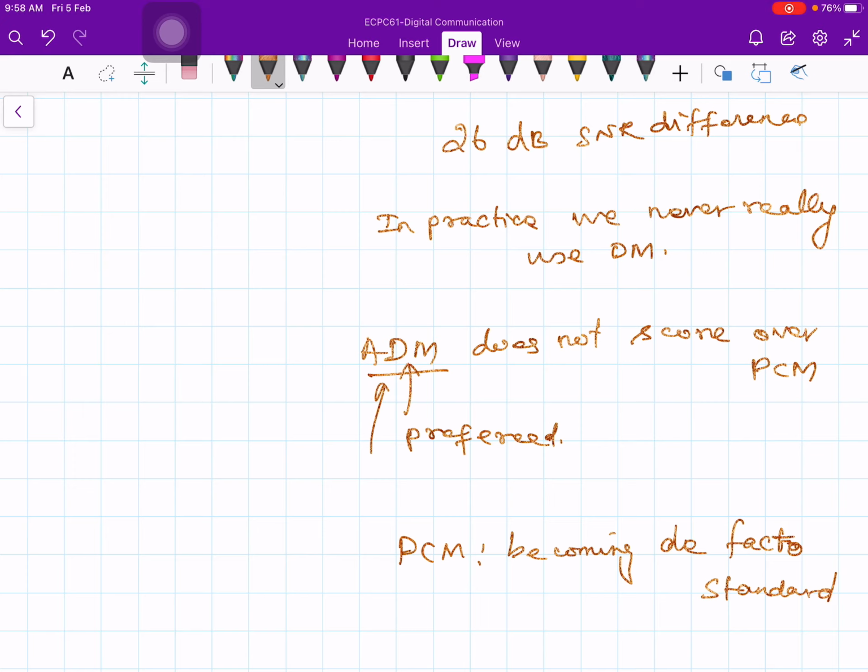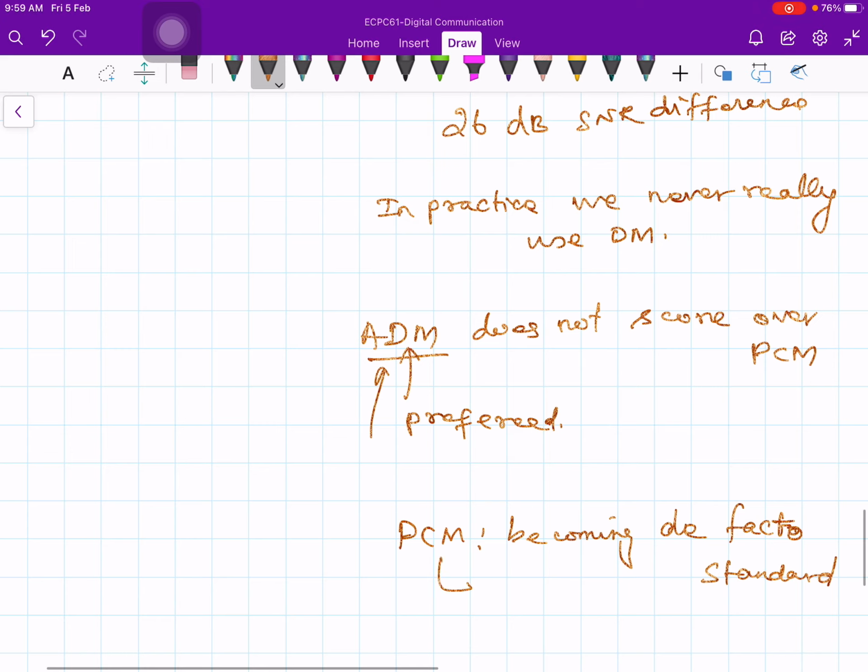And one more advantage is why people are interested in using pulse code modulation: it gives a binary representation for each sample.